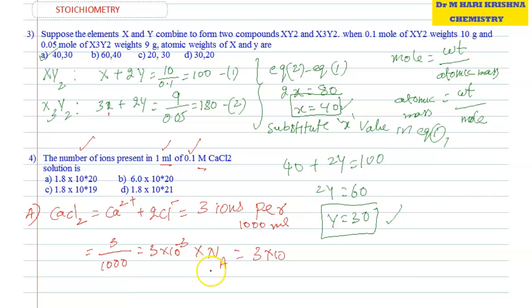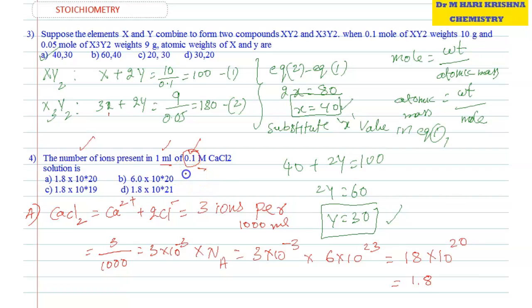So 3 into 10 power minus 3 into 6 into 10 power 23. Then 6 into 3 is 18, so 18 into 10 power 20, otherwise 1.8 into 10 power 21.